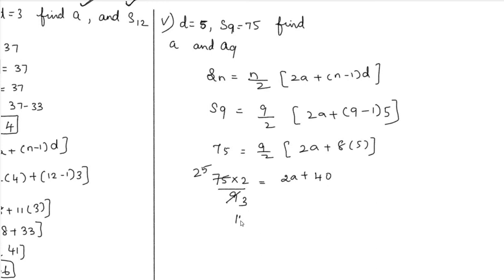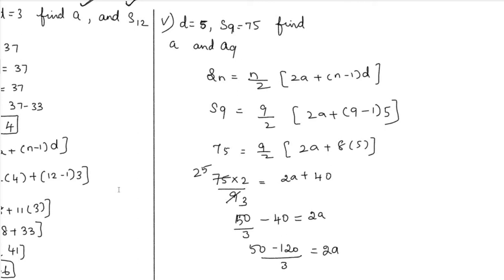So you get 50 by 3 minus 40 is equal to 2a. So 50 minus 120 by 3 is equal to 2a.